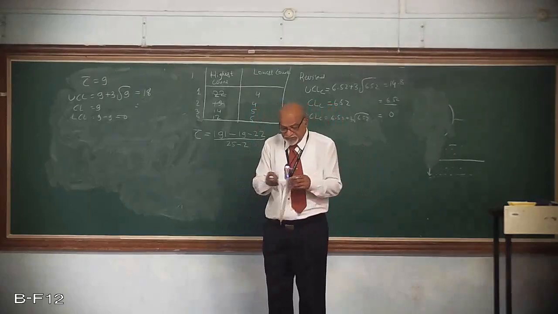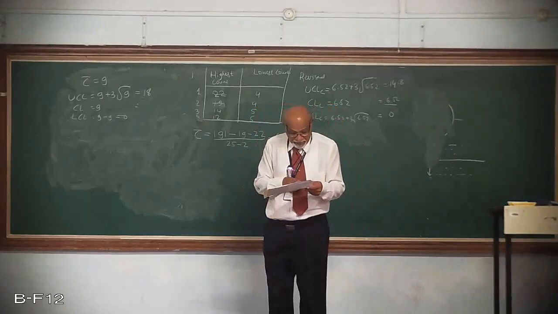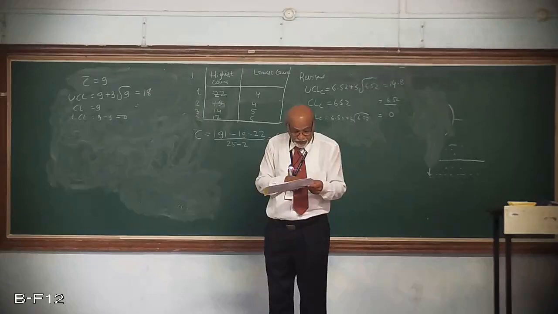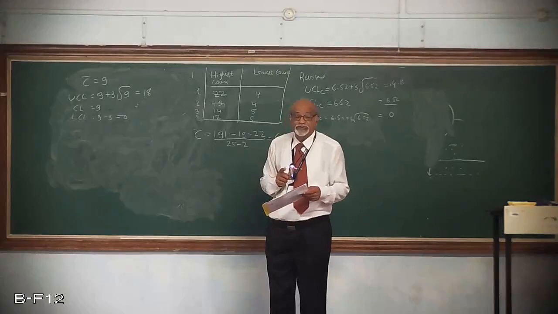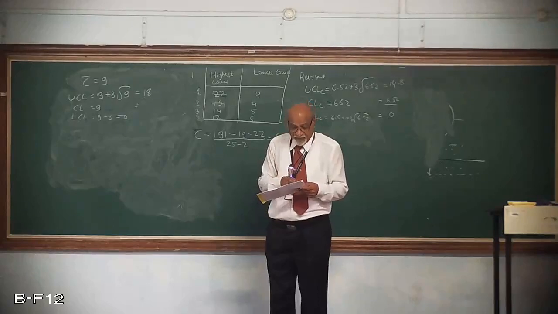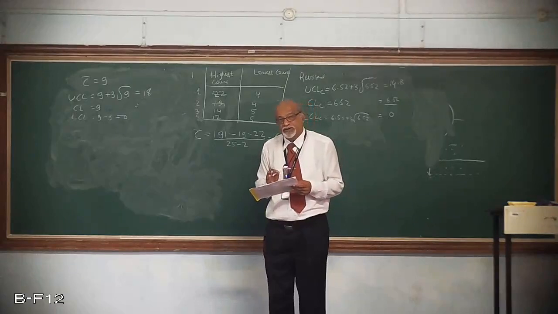C bar is how much? It is 9. So I will go to the table for 9. What is going to happen? The number of defects you can find varies from 0 to around 20. It is possible. Okay? 20 defects we can find with an average number of 9.